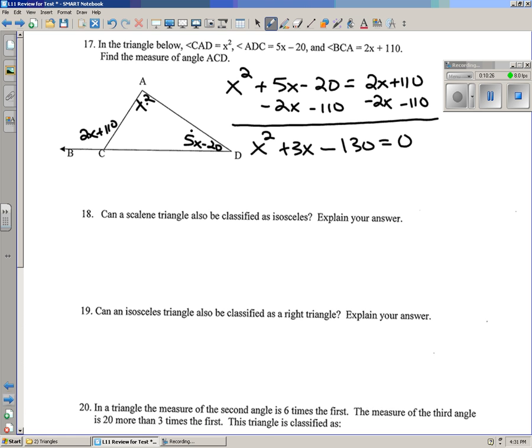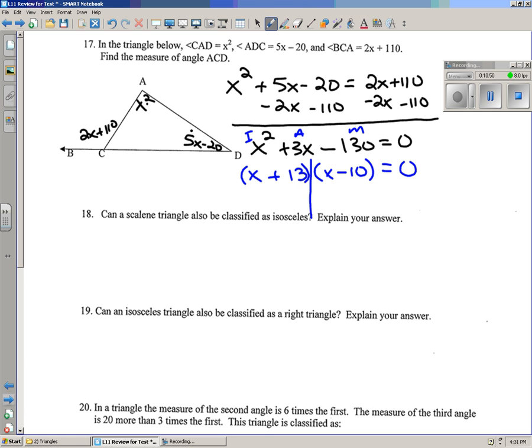And now it's time to do factoring. You're looking for a pair of numbers that multiplies to negative 130 and adds up to positive 3. That pair of numbers happens to be plus 13 and minus 10. And that's from Algebra 1.